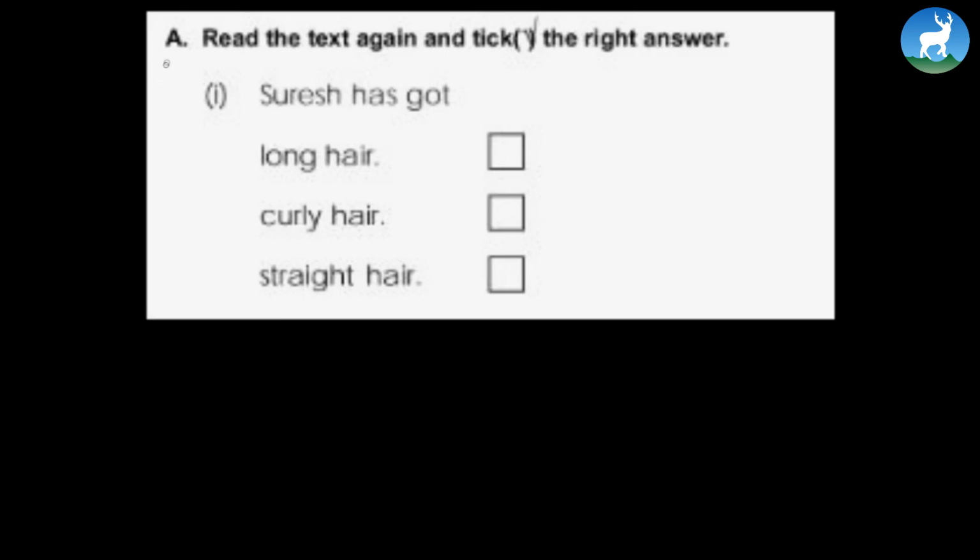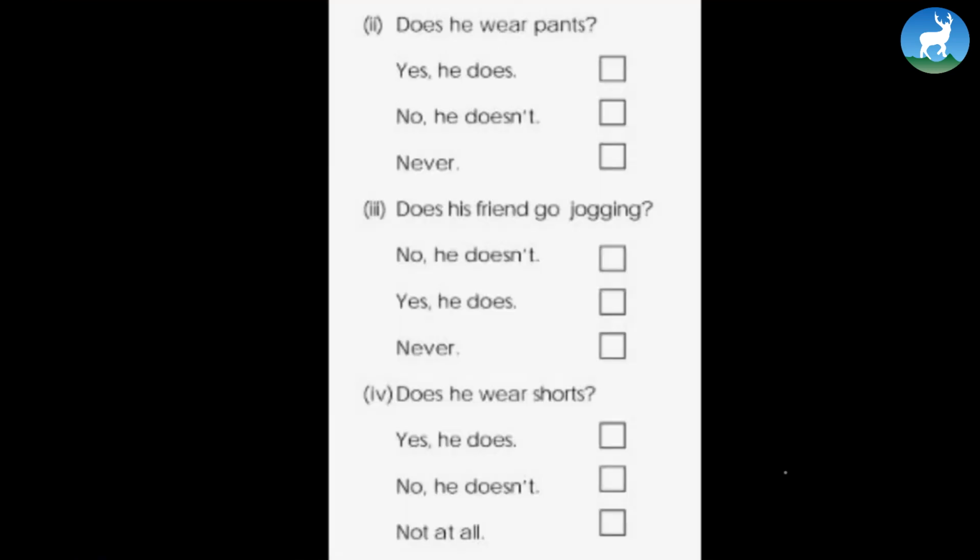Now this is the first question. Read the text again and take the right answer. Suresh has got, of course, curly hair, and it's a very easy question. Let's move on to another question. So as you can see, there are some more questions. Does he wear pants? Yes, he does, because he doesn't like wearing shorts. There's another question also. Does his friend go jogging?